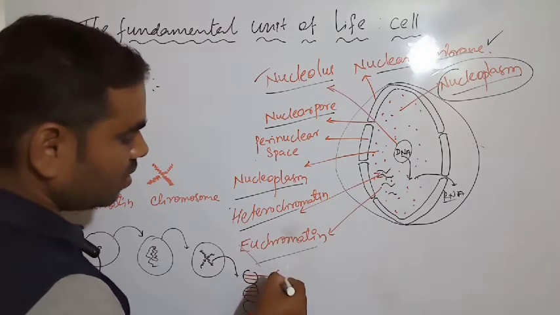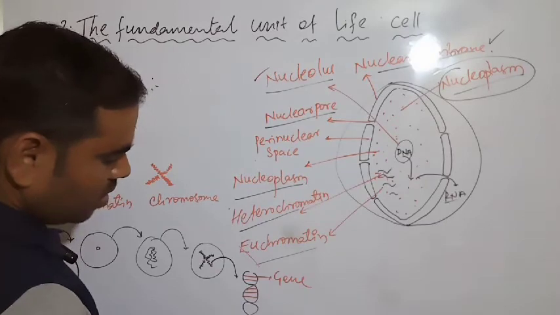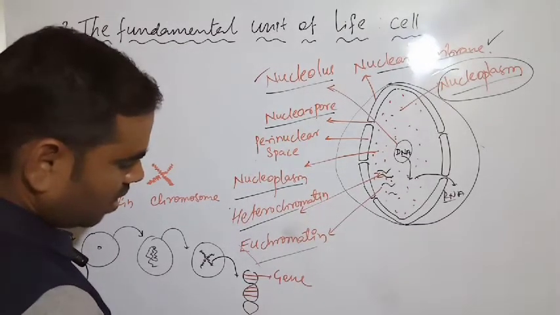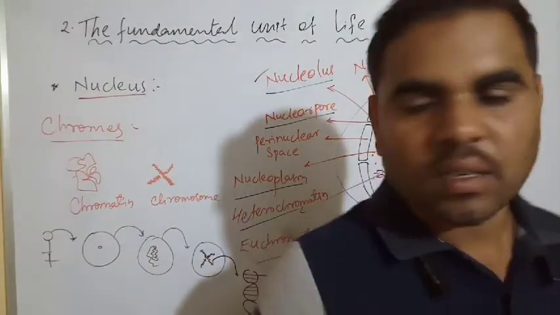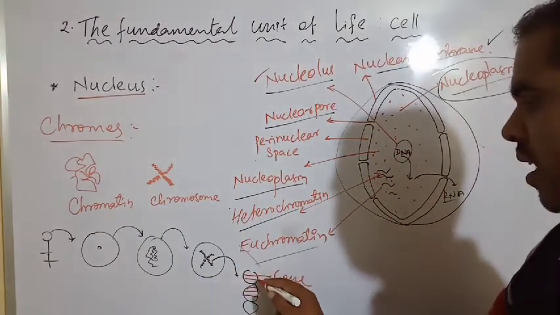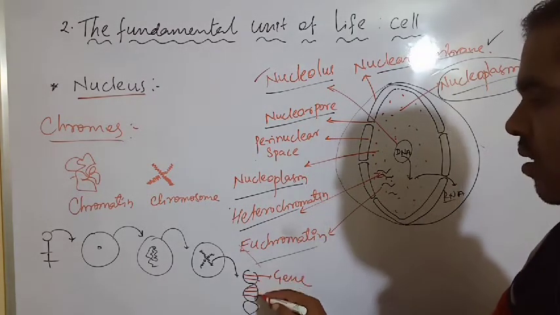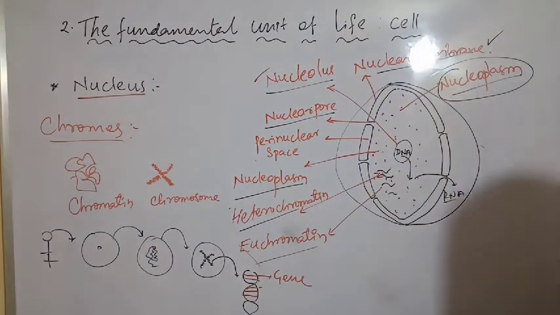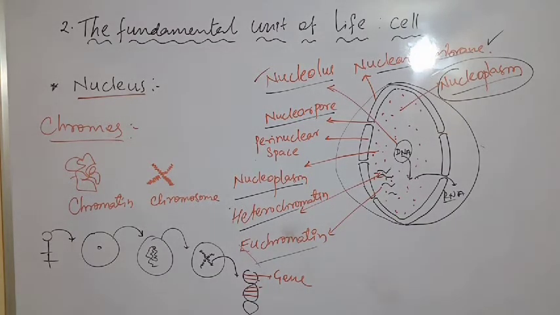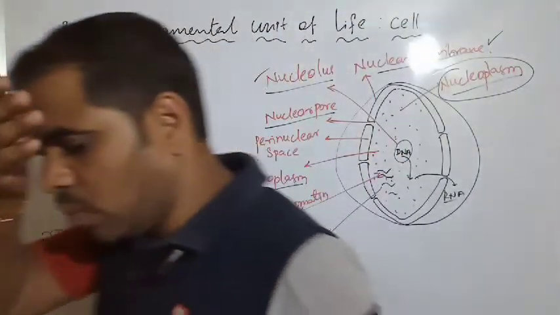These are genes, and this is DNA. This one gene is for hair color, another gene for eye color, skin color. So characters are passed from parent to progeny.